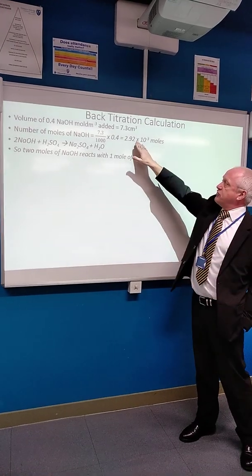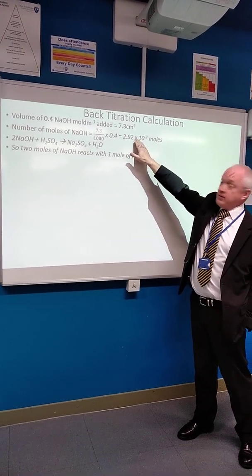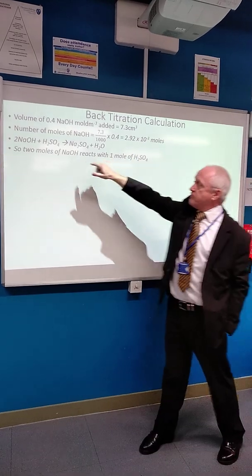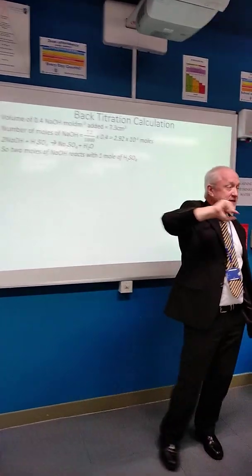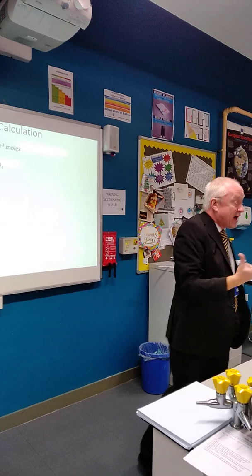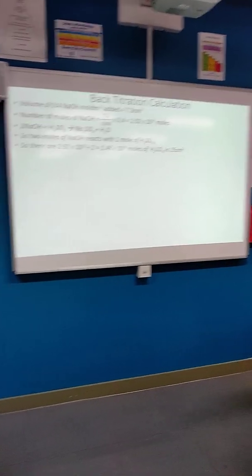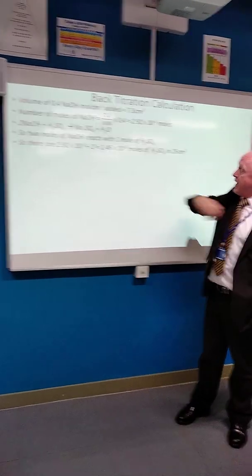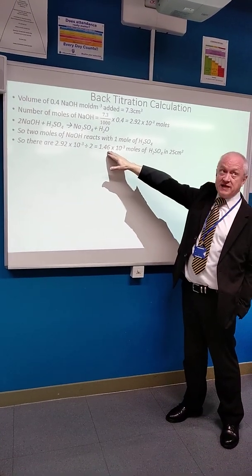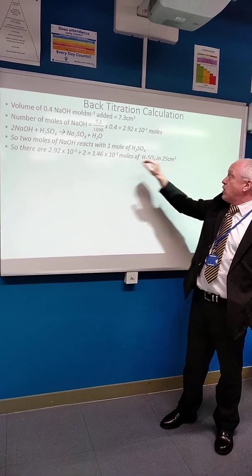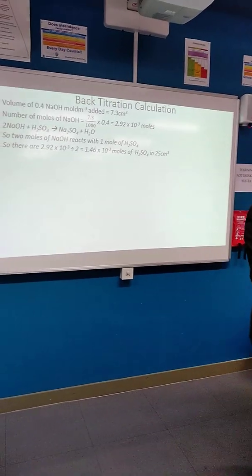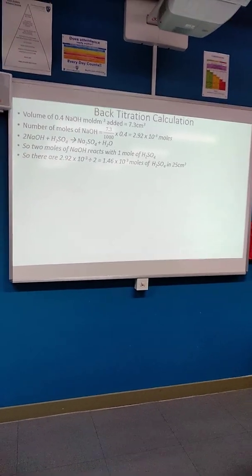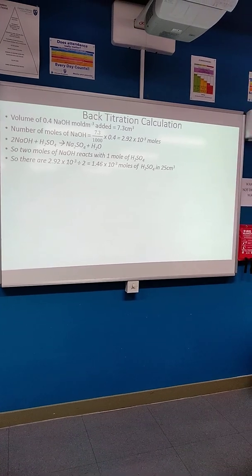So if I've got this many moles of sodium hydroxide, the number of moles of sulfuric acid that was in my 25 cubic centimetres was that number divided by 2, which in my case is 1.46 times 10 to the minus 3 moles in that 25 cubic centimetre aliquot that you measured out in your pipette.